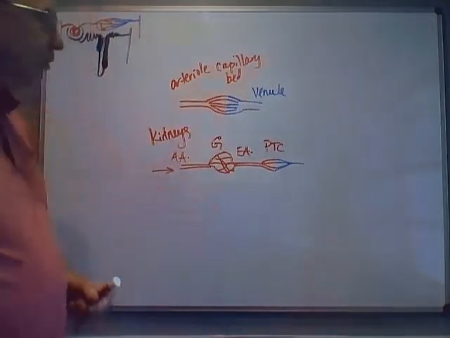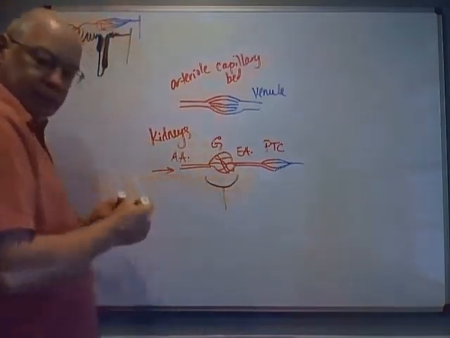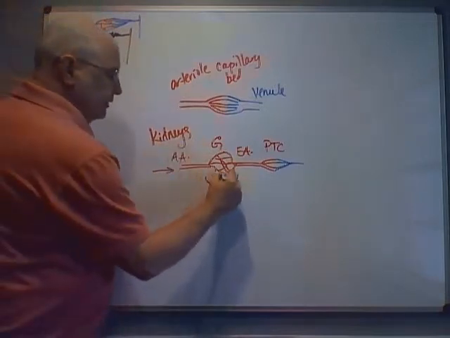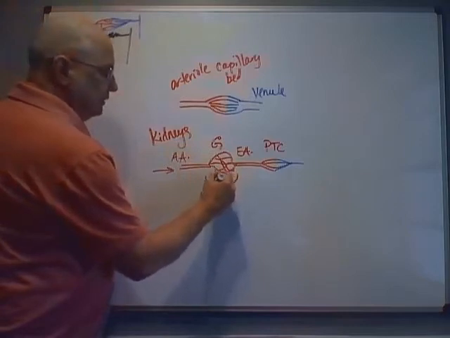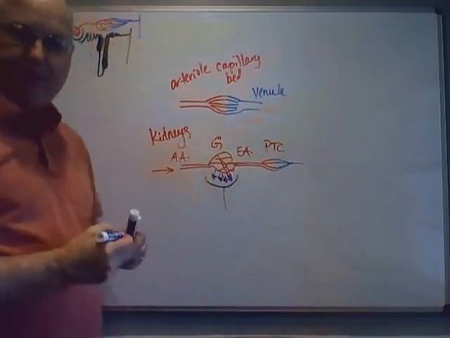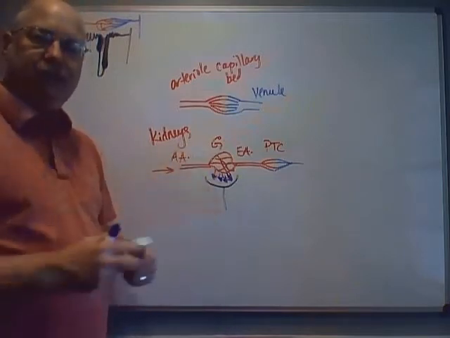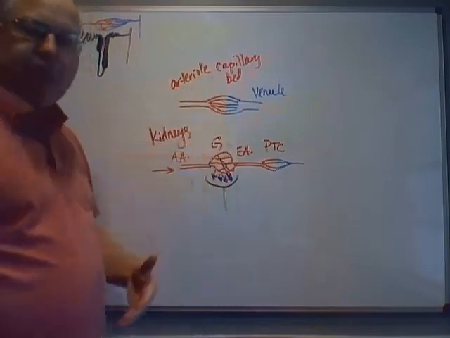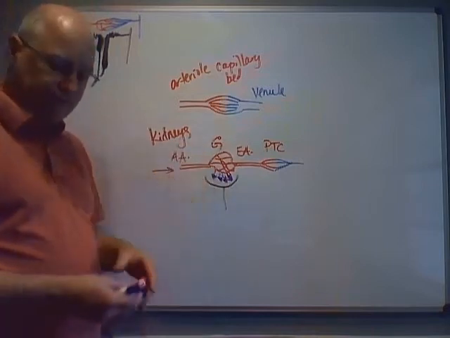And that's exactly what we want right here, because I need to filter out all of this filtrate that has all my good stuff and all my bad stuff, and I don't want any reabsorption here, because I could possibly reabsorb some of the trash and toxins and they would stay in my bloodstream. So I need the glomerular pressure to be higher than the average capillary bed in the human body, to eliminate the dynamic center, so I simply get tissue perfusion. And really, we don't even call it that here, we call it filtration, because we're filtering across this membrane.